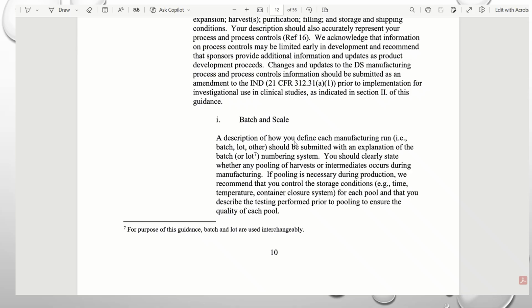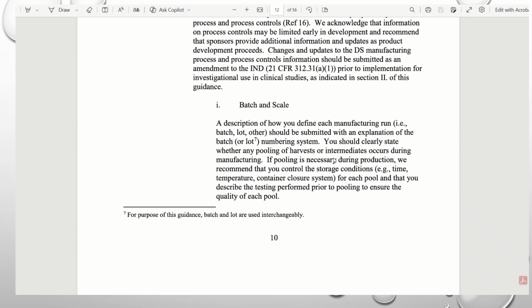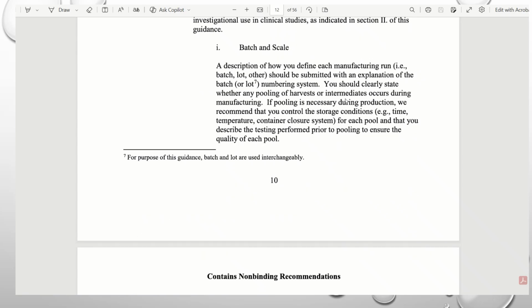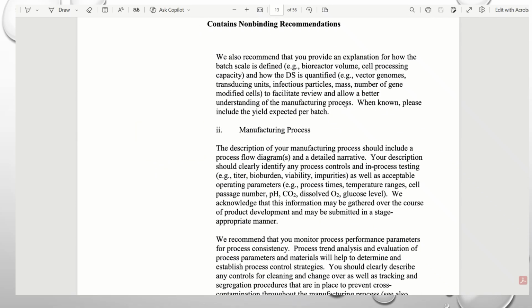So a description of how you define each manufacturing run, identifying what the batch is, should be submitted with an explanation of the batch numbering system. I mean, this is the case anyway for EU.